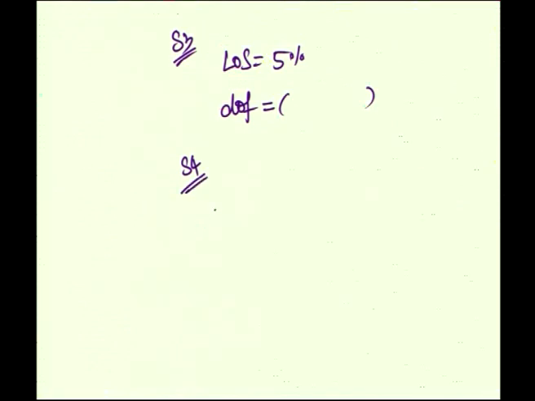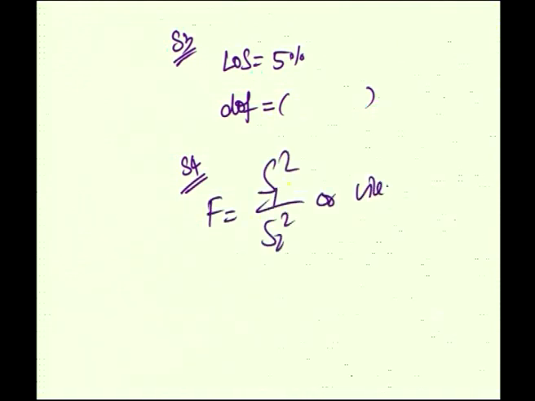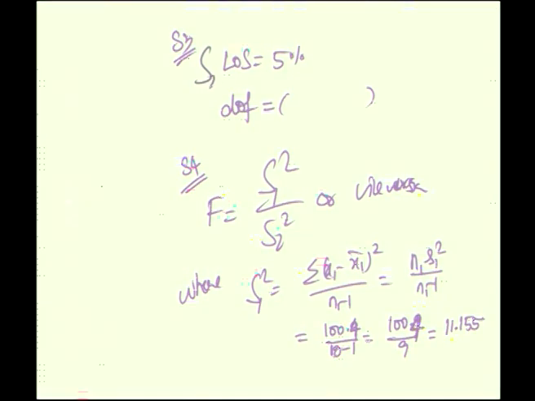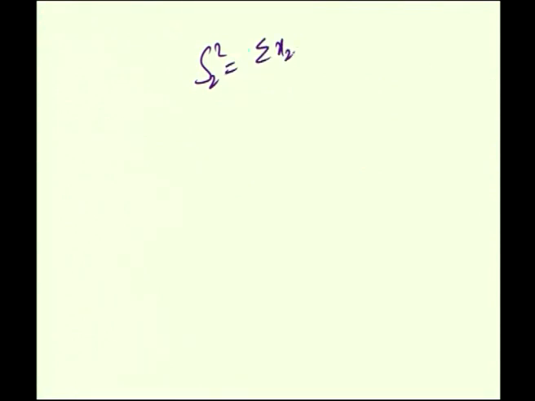So, F is equal to S1 square by S2 square or vice versa. Now, S1 square is equal to summation x1 minus x1 bar whole square by N1 minus 1, which is equal to 100.4 by 10 minus 1, 100.4 by 9, which is 11.155. Okay. Similarly, S2 square will be summation x2 minus x2 bar whole square by N2 minus 1, which is equal to 115.5 divided by 12 minus 1, which is 11.